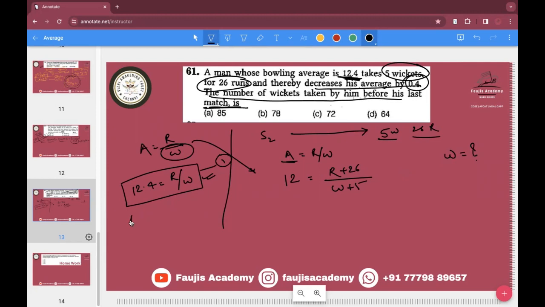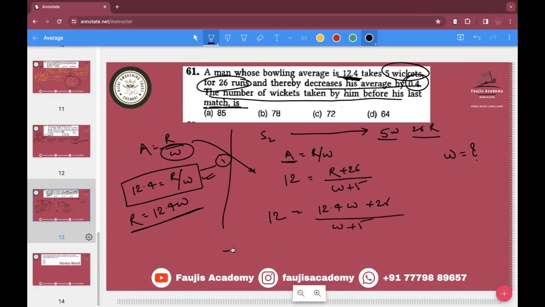R is equal to 12.4 W. Any doubt here? Yes or no? No, it's clear. So if we put this value over here, R is equal to 12.4 W plus 26 divided by W plus 5.